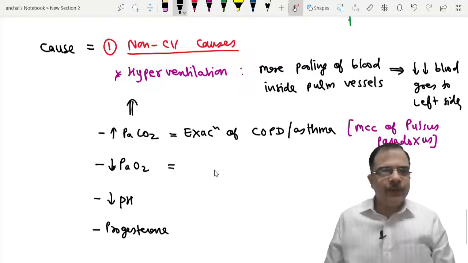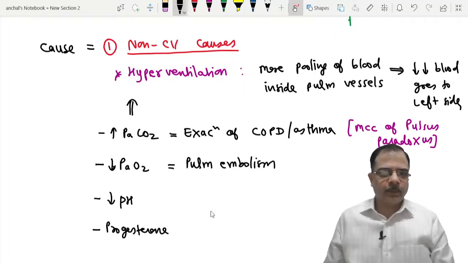Low PaO2, hypoxia stimulates the respiratory centers; that would be a case of, say, pulmonary embolism. Low pH, metabolic acidosis.